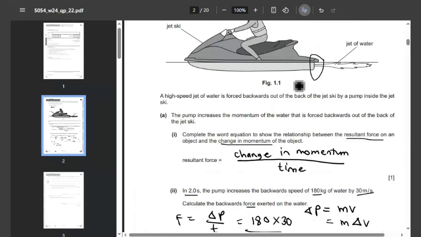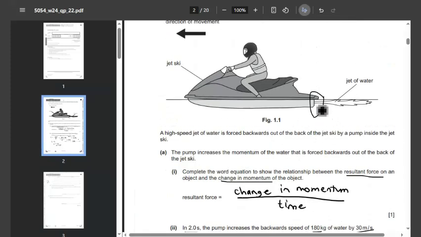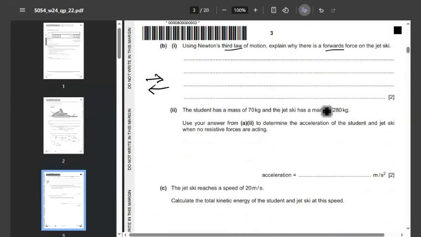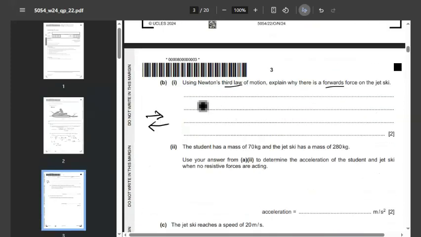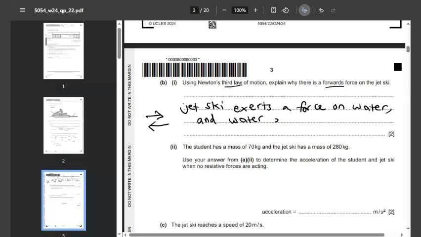Which means, since the pump is exerting a force on the water to move it backward, the water is also exerting a force on the pump. So we can write the jet ski exerts a force on the water. And therefore, the water will also exert an equal and opposite force on the jet ski.